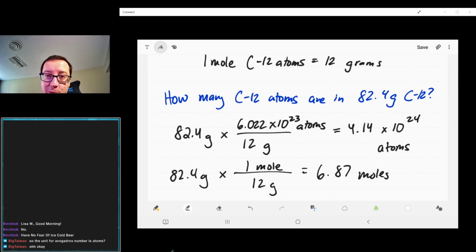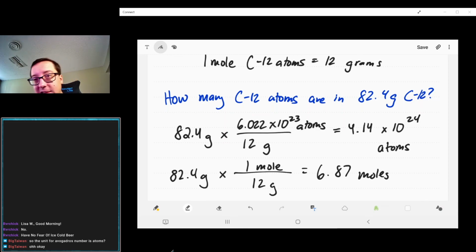Nobody wants to write 4.14 times 10 to the 24 atoms when we can just say 6.87 moles. We're going to see later on that moles are going to be very useful when we're figuring out a chemical formula or how much of a substance is required to react with another substance. Moles are going to be the easiest way for us to deal with that.